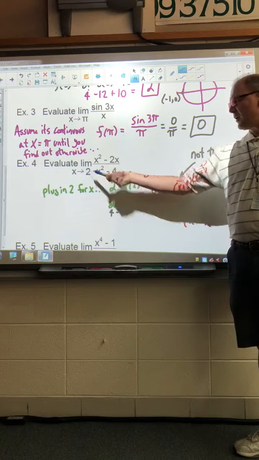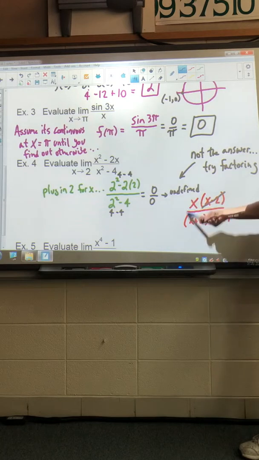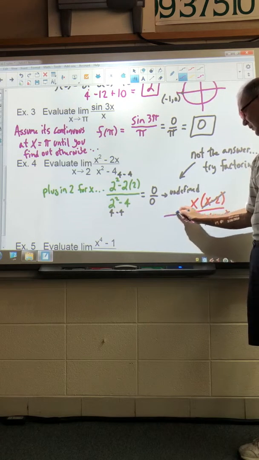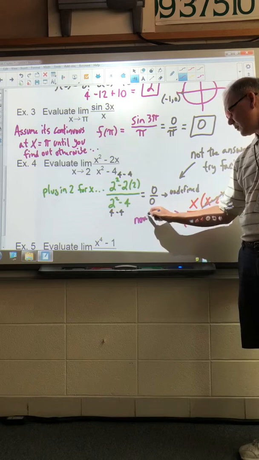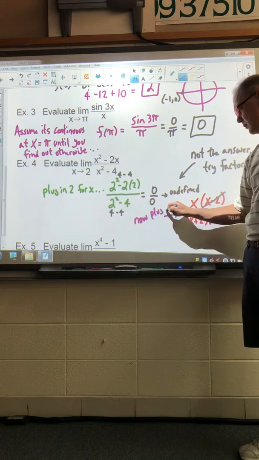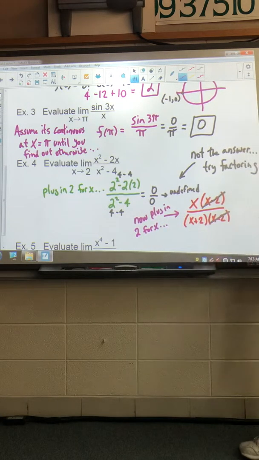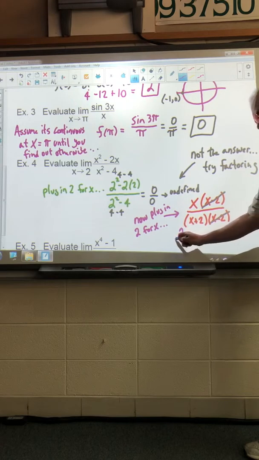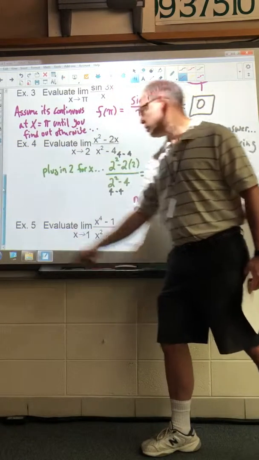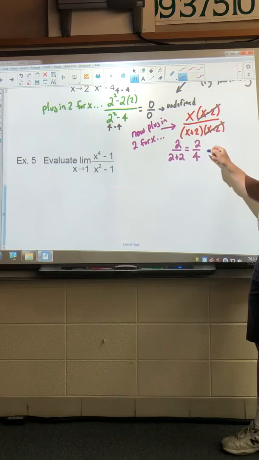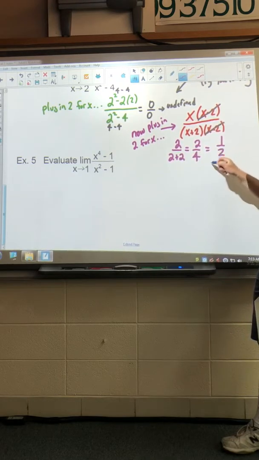So now plug in 2 for x, and now it's not going to be undefined anymore, right? So we get 2 over 2 plus 2, which is 2 over 4, which is 1/2.